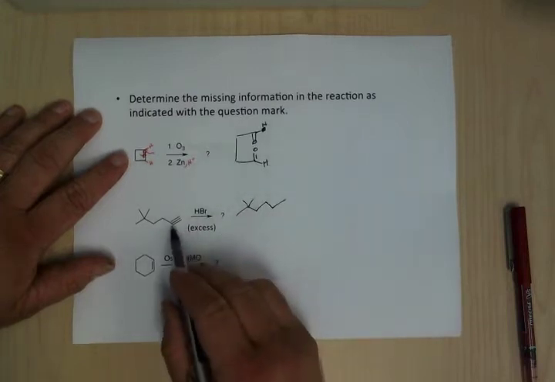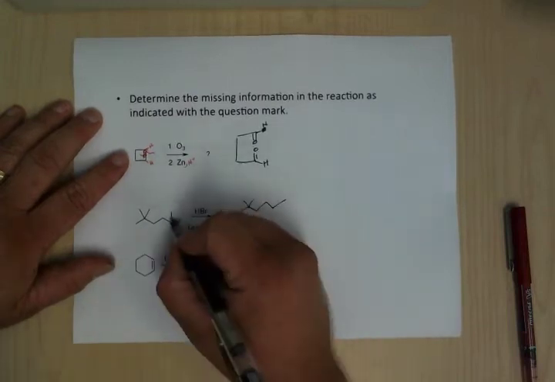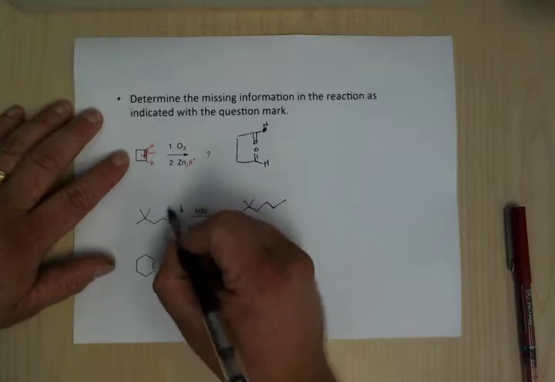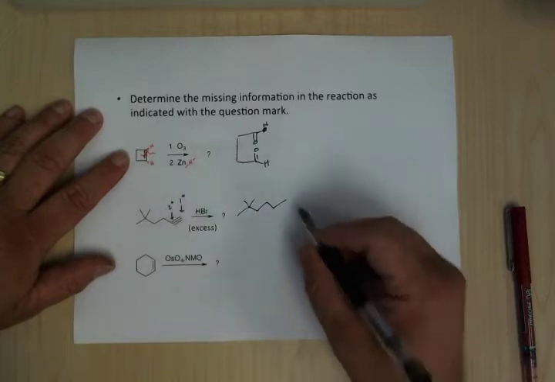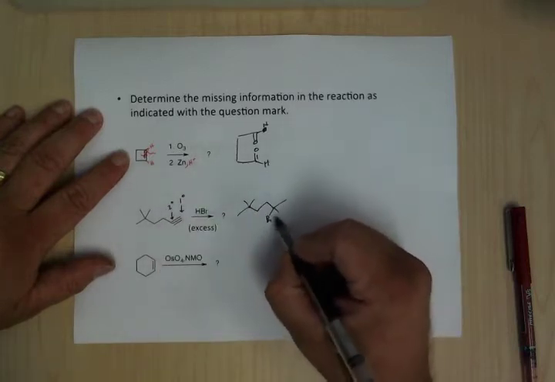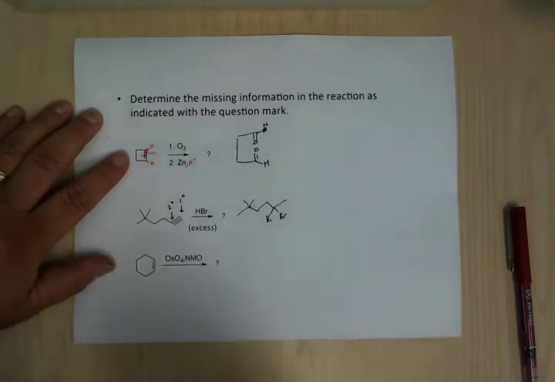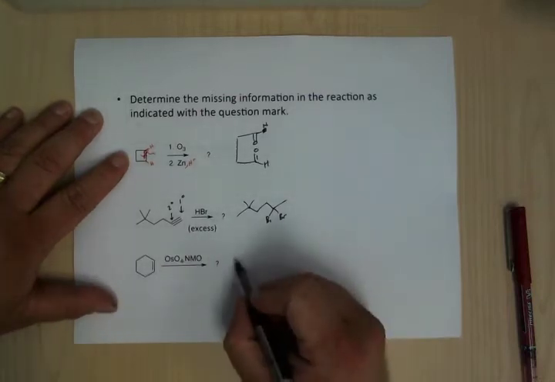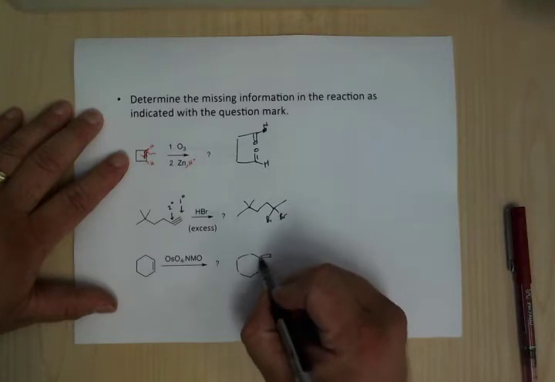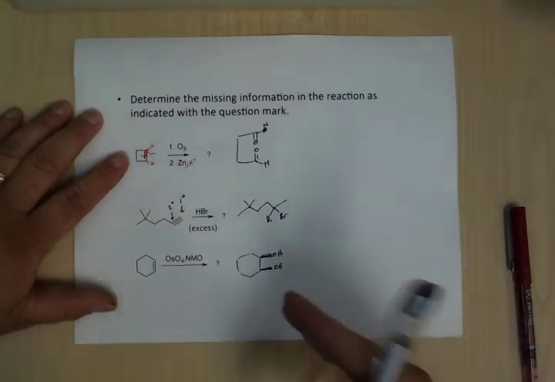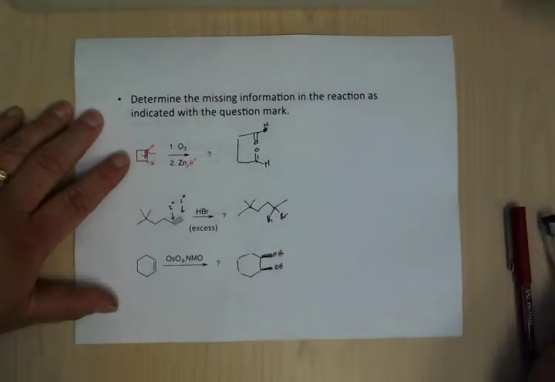Okay, so for this one, we're just adding HBr across here, but remember the Br likes to go on the higher numbered side. This is secondary, that's primary. So we're just going to add it twice, Br. And for this one, remember the osmium, we want it to add OHs, but it's a syn addition, so they're going to be going on the same side.